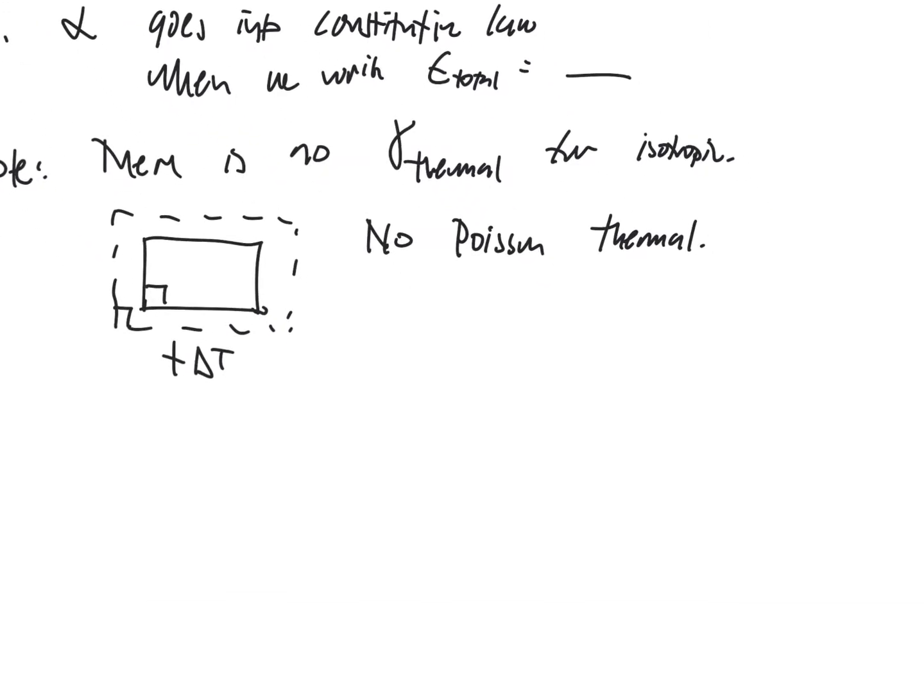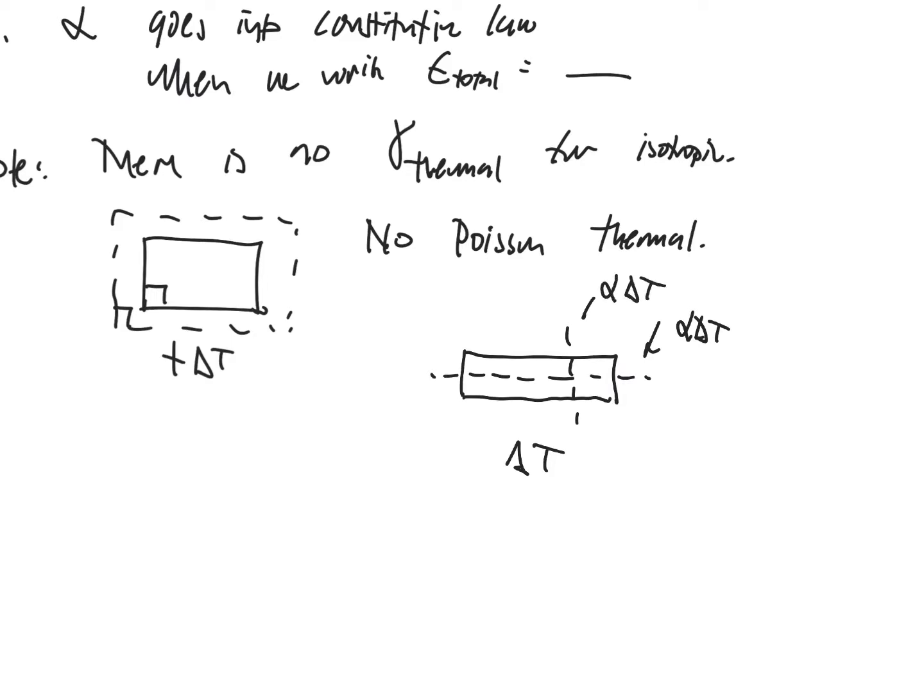That means that if I have a material like this, and we apply a delta T, then this strain is going to be an alpha delta T, and this strain is going to be an alpha delta T. In other words, we don't apply a Poisson ratio on that strain to say it's in the transverse direction. So there is no mention of the Poisson ratio when we do this.